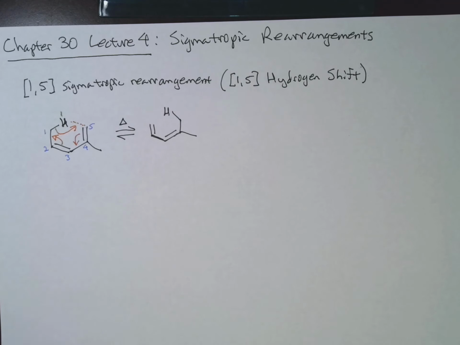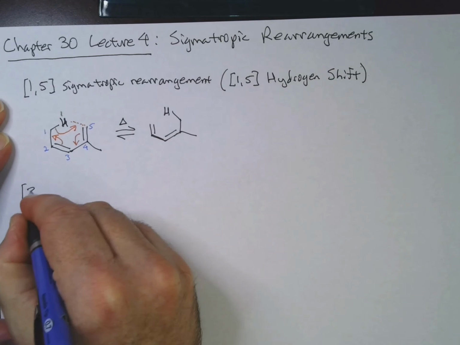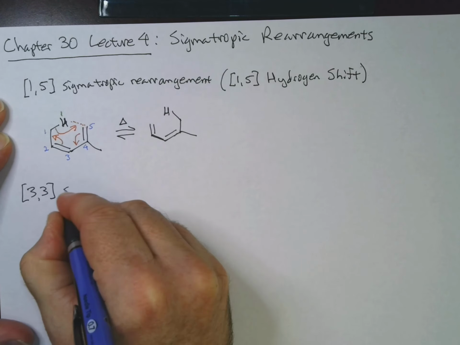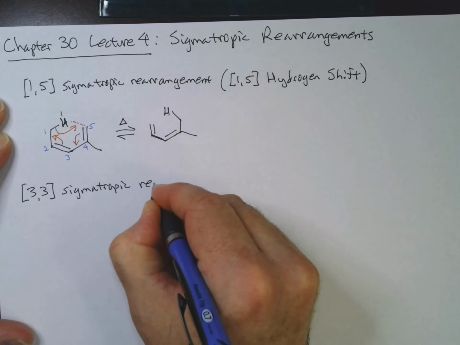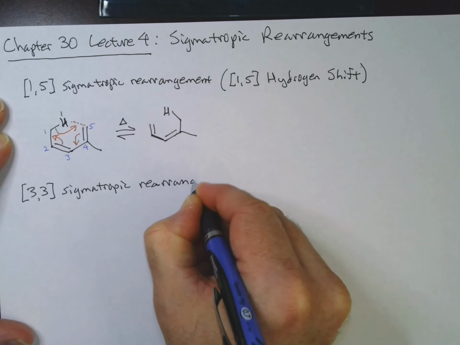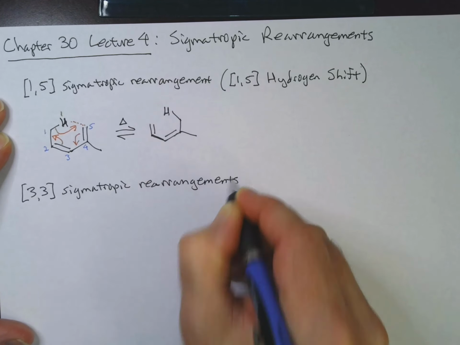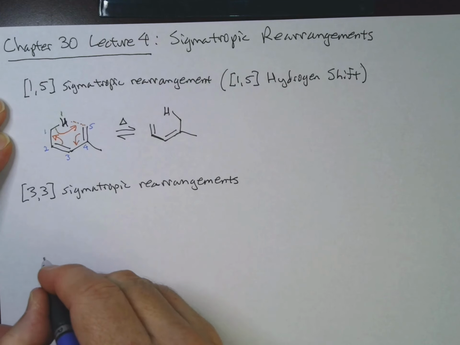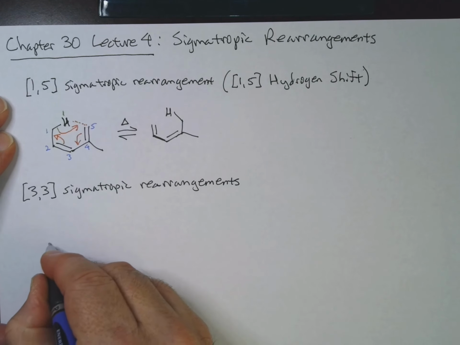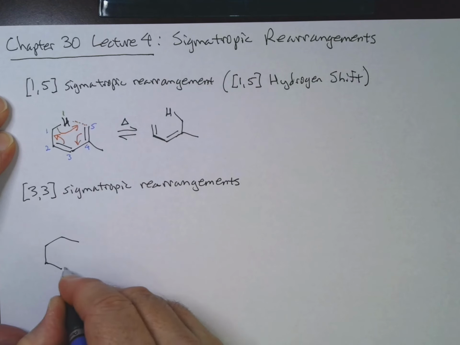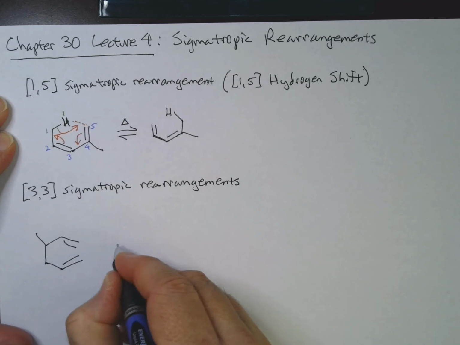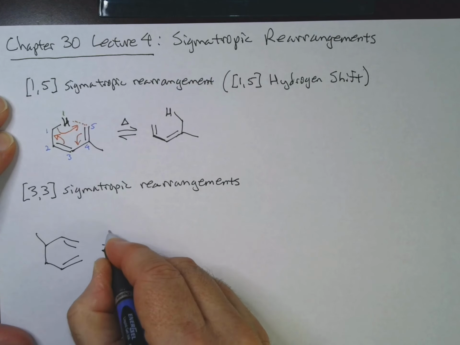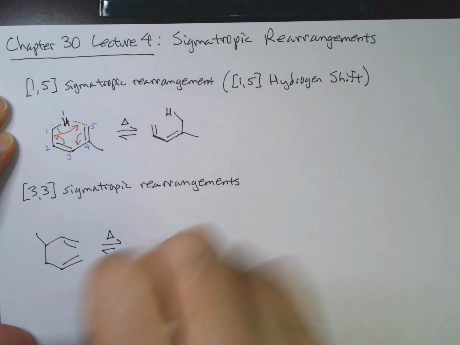All right. What else? We could have 3,3 sigmatropic rearrangements. Here's one example, which is actually, I think, the example that I gave before.